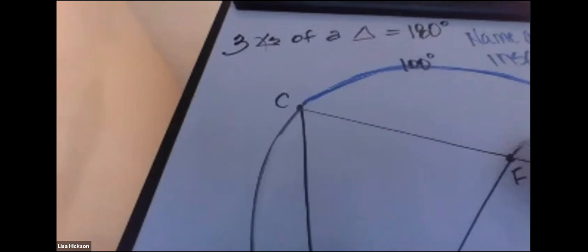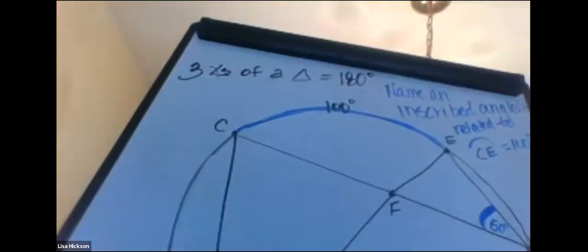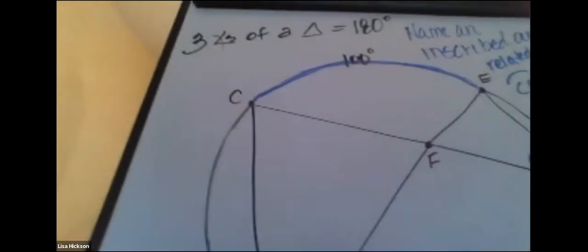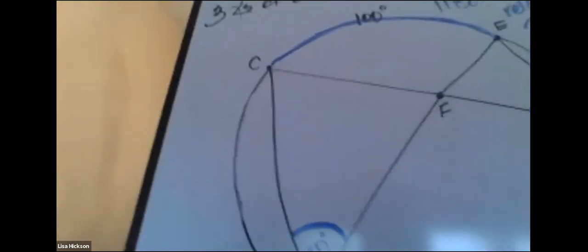Now I'm going to put this line back. So we at least have one angle in each triangle that we know is the same measure.